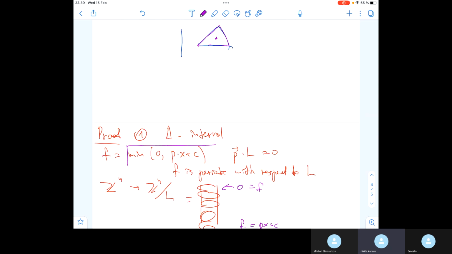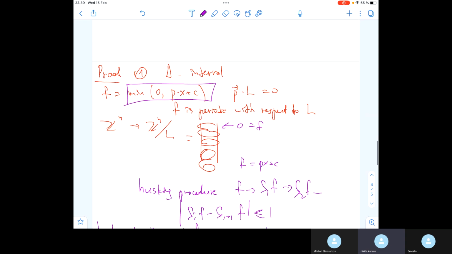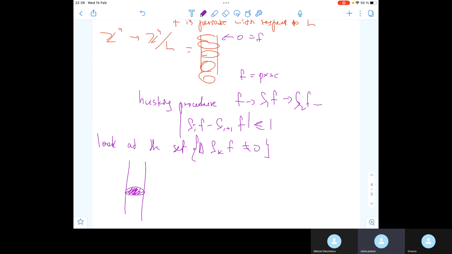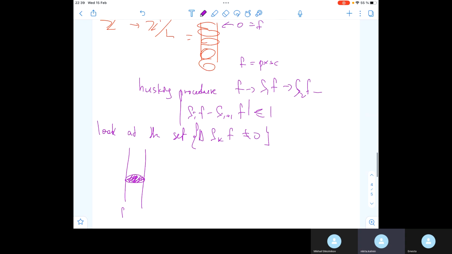So my function has a non-smooth locus as a plane, and when I pass to the cylinder, it has just the image of the plane here. And then when I go to sk of f, it gets distributed, so it gets bigger and bigger. But thanks to it being a cylinder, it's always finite. The size of this set is at most some constant.